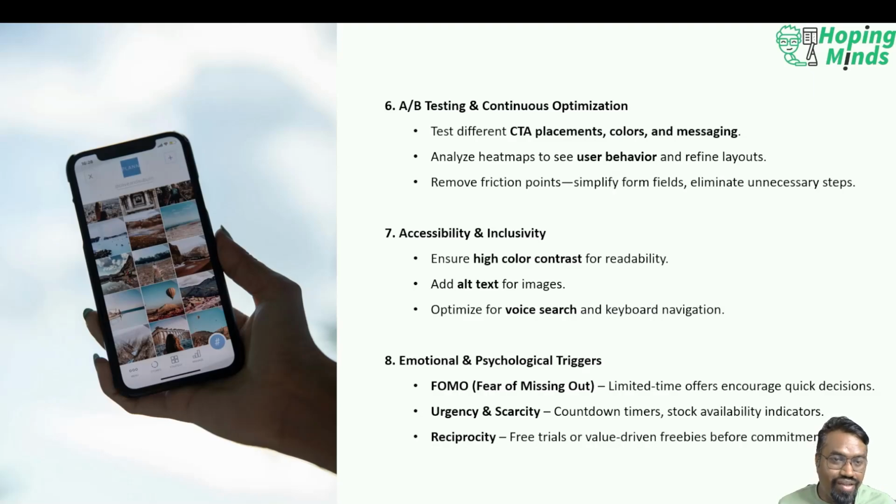Did you get my point? So alt text for images is so powerful that it will rank your image on top in Google search results. Then we also need to optimize for voice search and keyboard navigation.